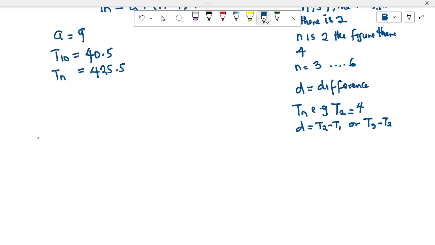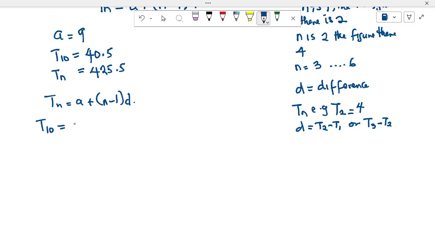We want to get some parameters from the given parameters. We know that the 10th position, T10, follows the formula a plus n minus 1 d. We can get what our d is.